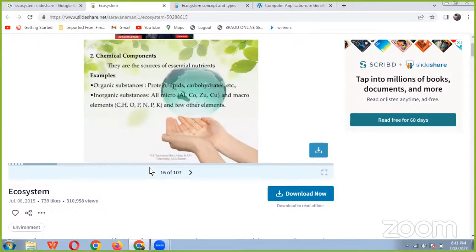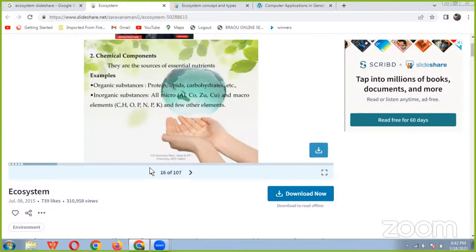Next are the chemical components. These are also the source of the essential nutrients and organic substances: proteins, lipids, carbohydrates. Most of these are biomolecules, including amino acids of different types. Then the inorganic substances, all the micro and macro elements.